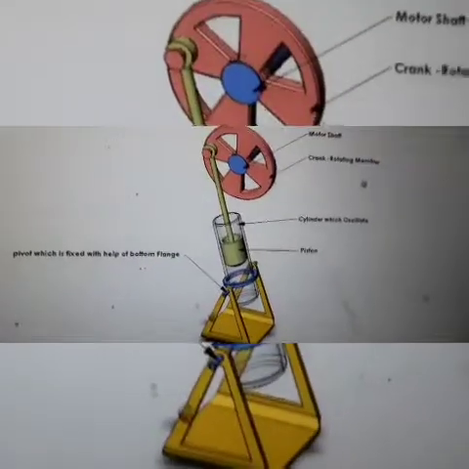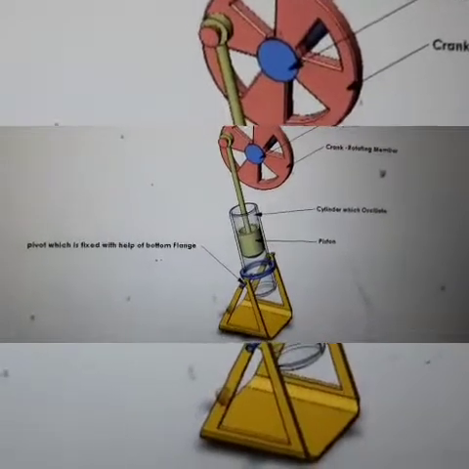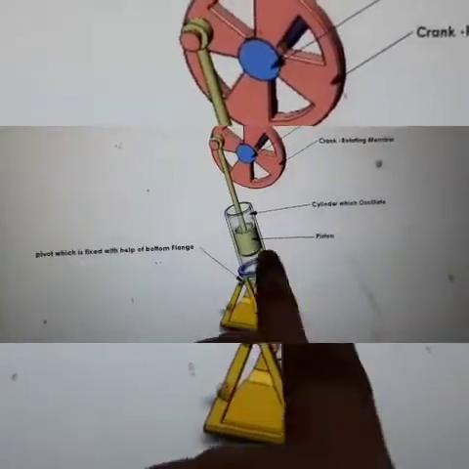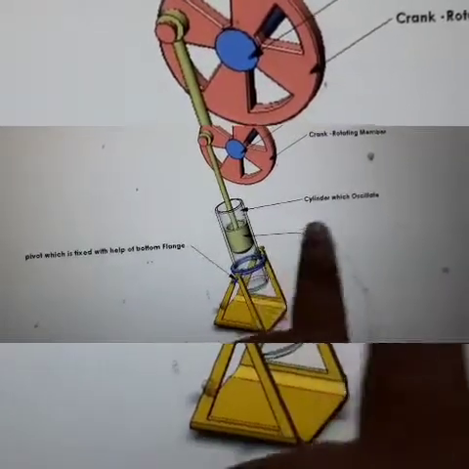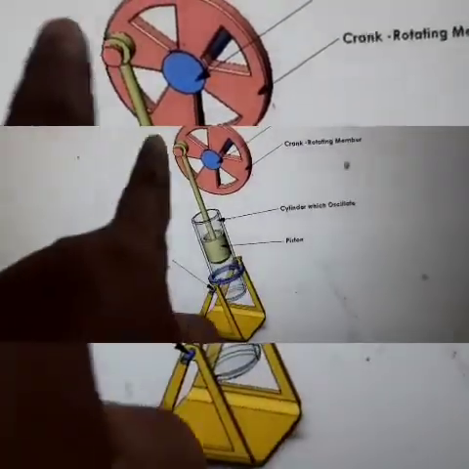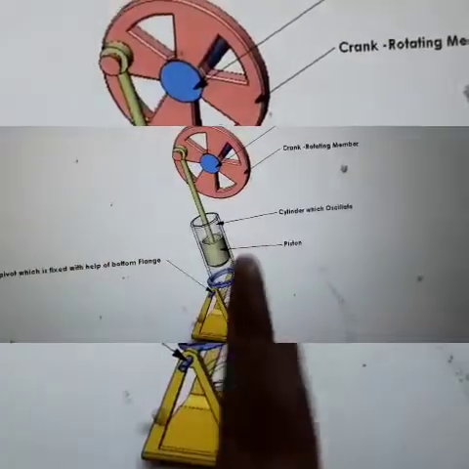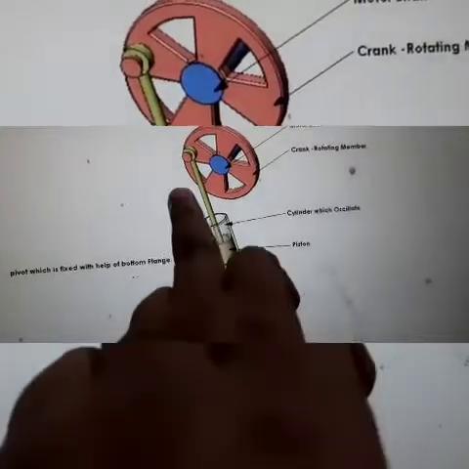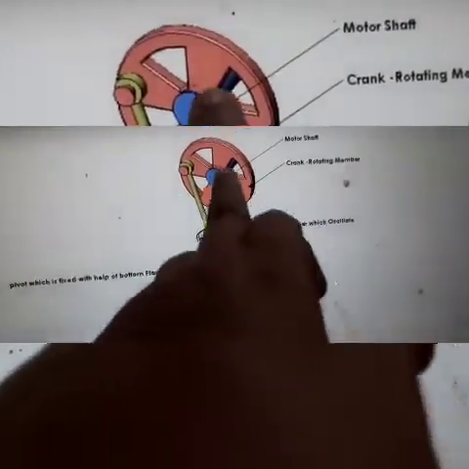In this video, the cylinder is pivoted about this fixed point, this blue portion, and here the connecting rod is fixed. This white portion is the cylinder, this is the piston, this is the piston rod, and this is the crank.